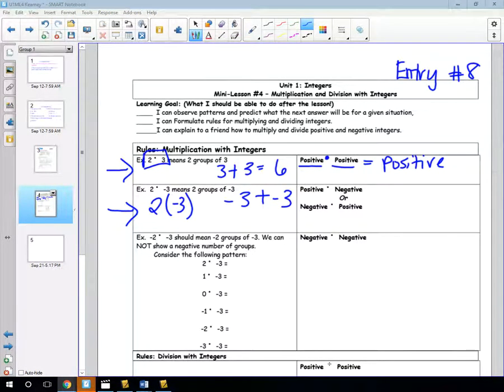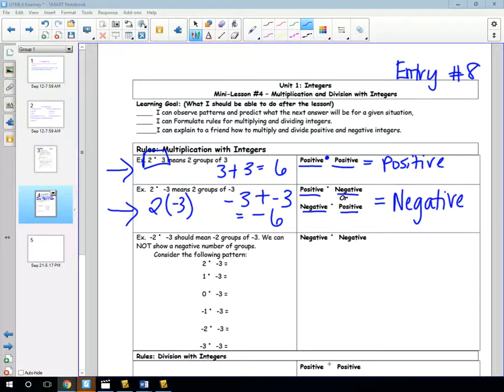And we know how to do that because they're both negative, and we know same signs, add. So negative 3 plus negative 3 is negative 6. So a positive times a negative or a negative times a positive is negative.